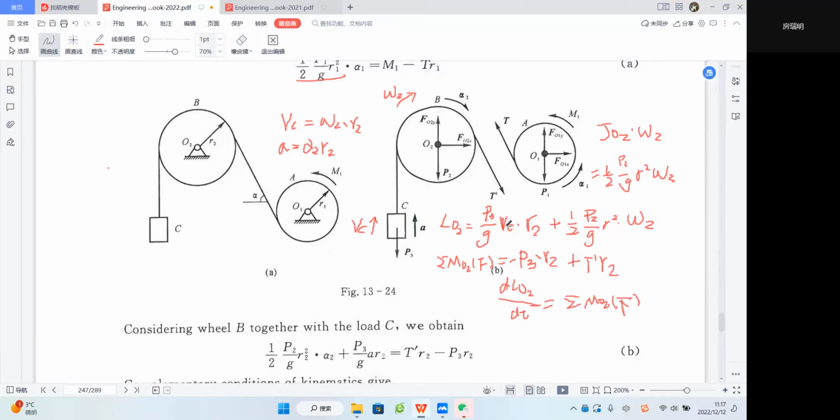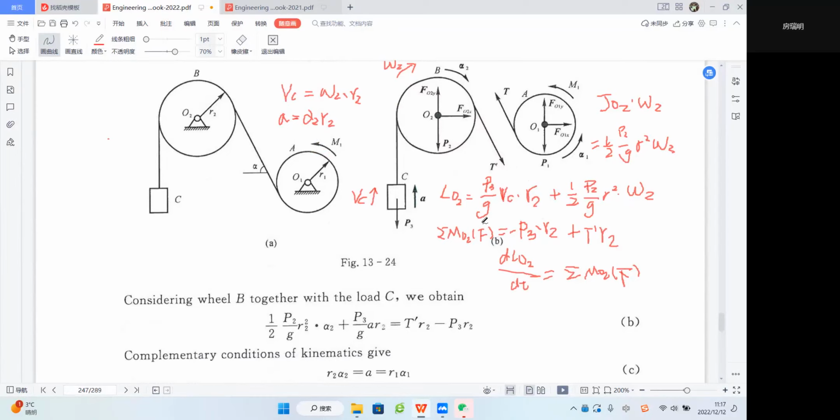The velocity becomes A, so here this part P3 over G will be A times R second.